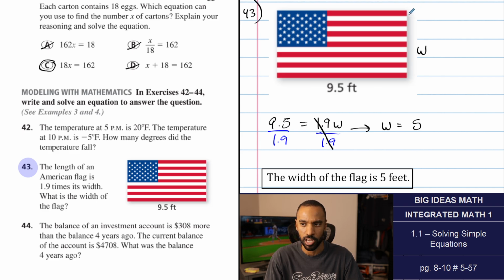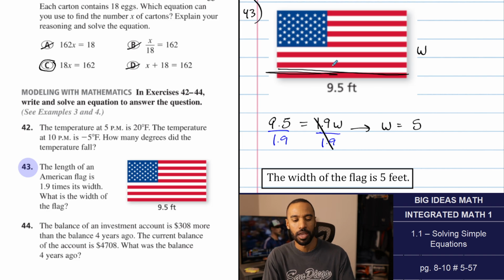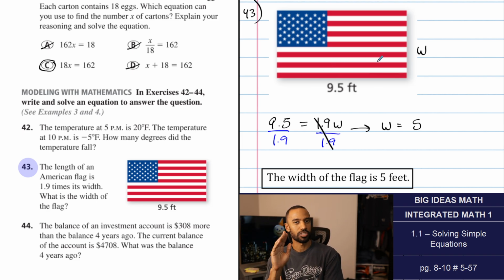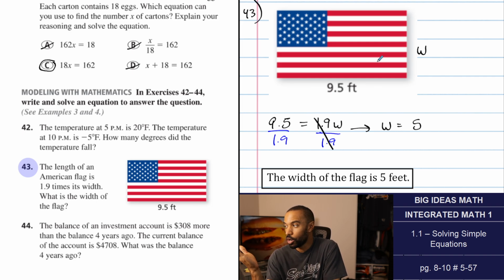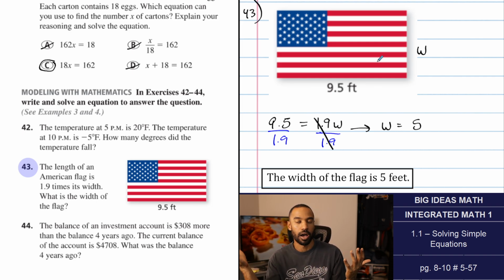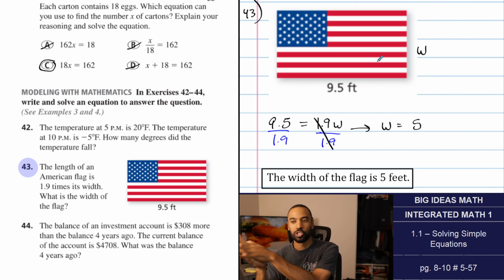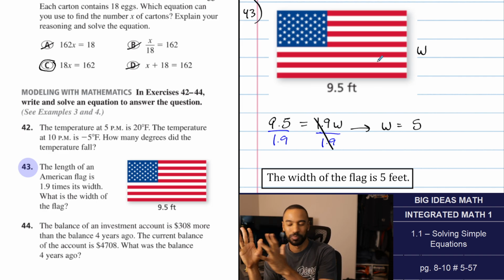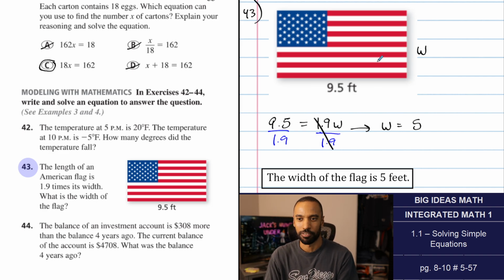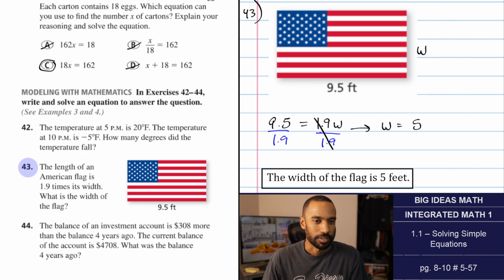And every time I see it now, I talk about it. I always thought that width was to go left and right, and length was, whatever. But length should always be longer than width. And in each problem, the length is longer than the width. I get it. Length, long. So the width should be less than the length. So there you go. 5 feet is less than 9.5 feet. We're all good.